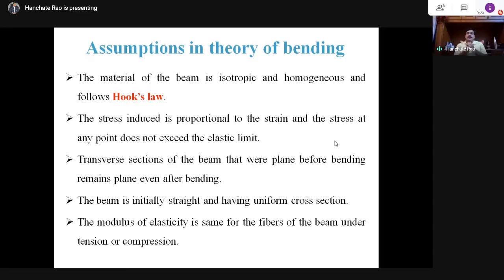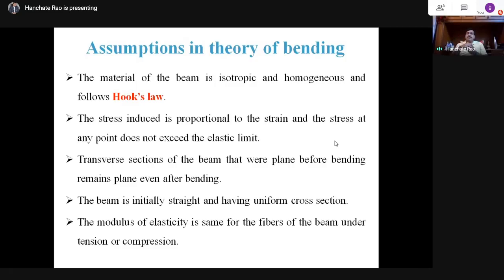So what is happening in the simple bending theory? Whenever you apply a certain moment or load on the beam, the beam is bending. When the beam is bending, certain fibers of the beam undergo compression and certain fibers undergo tension.